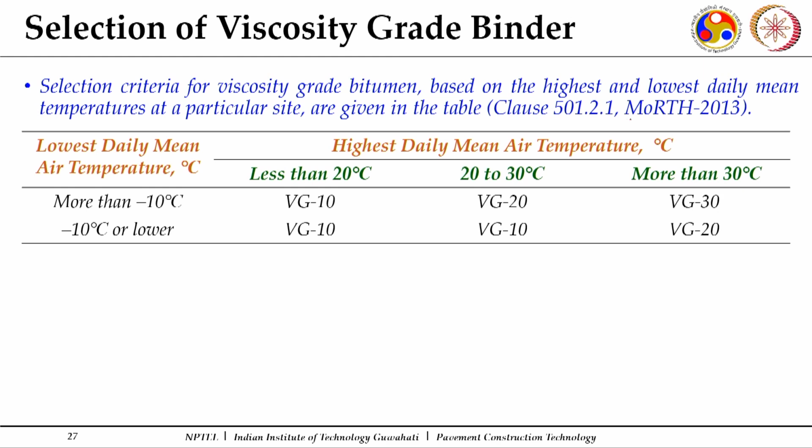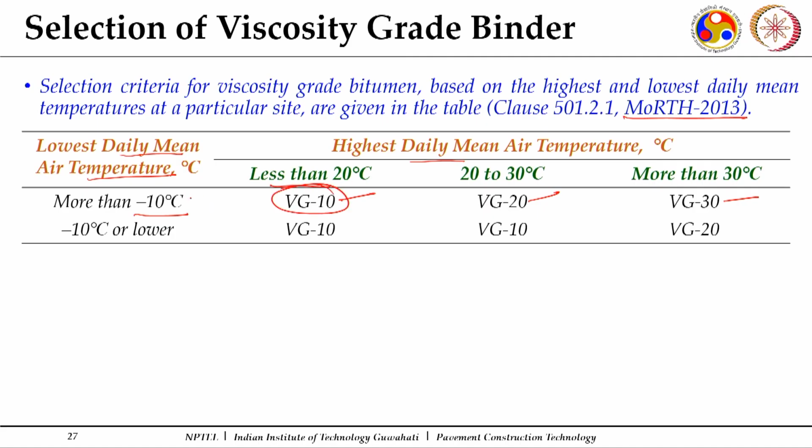Now, MORTH has one table which says where you should use VG10, where you should use VG20, where one can use VG30. It says that if the lowest daily mean air temperature is more than 10 degree centigrade, and the highest daily mean temperature is less than 20, there you can go for VG10 binder.